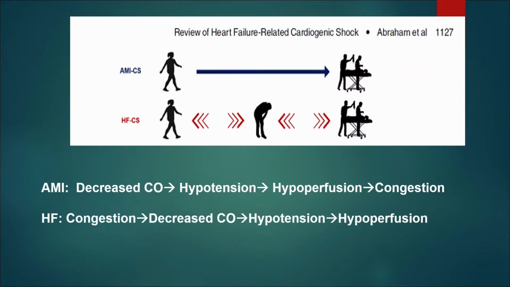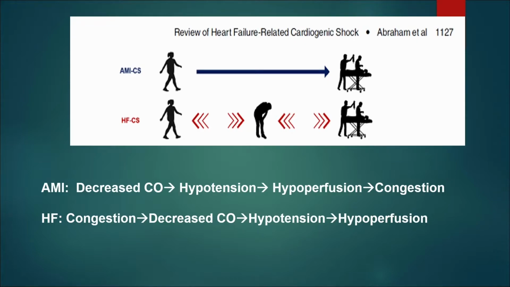There is also a difference in how they get to cardiogenic shock, depending on the etiology. If it was MI-related cardiogenic shock, say a 45-year-old man who played basketball yesterday, then the immediate impact of LAD occlusion creates decreased cardiac output, hypotension, hypoperfusion, and then perhaps congestion.